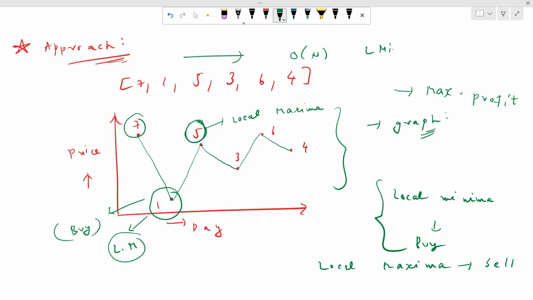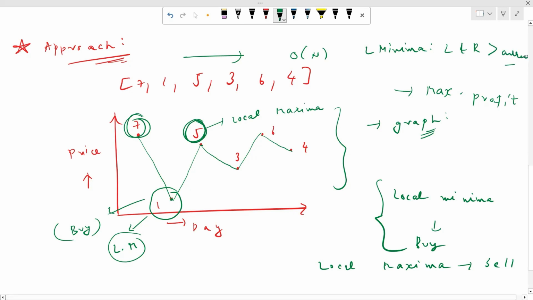Local minima is when the left and the right value are both greater than the current value. And what's the definition of local maximum? When both the values, left and right, are less than the current value, right? This is the example of our local maximum.